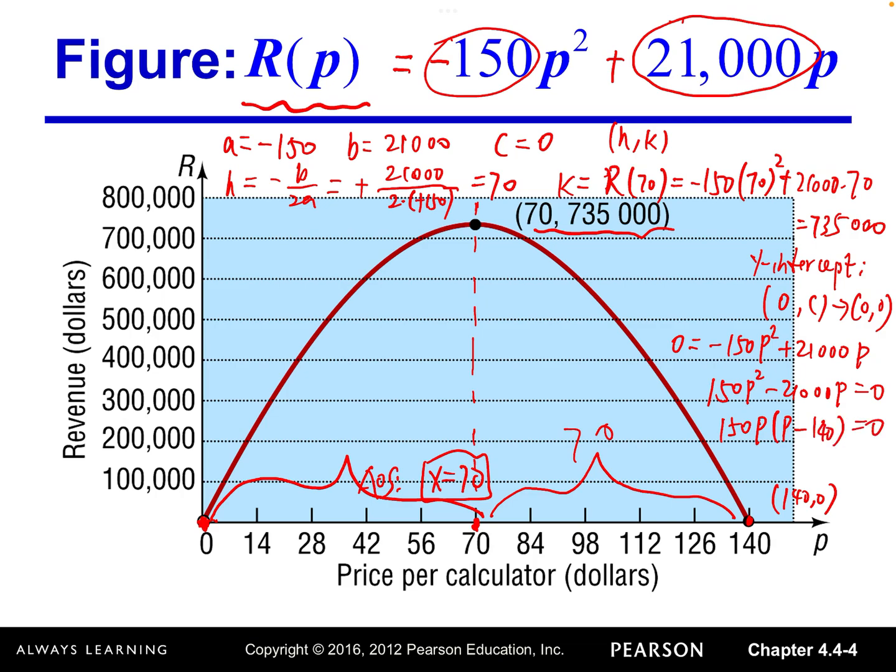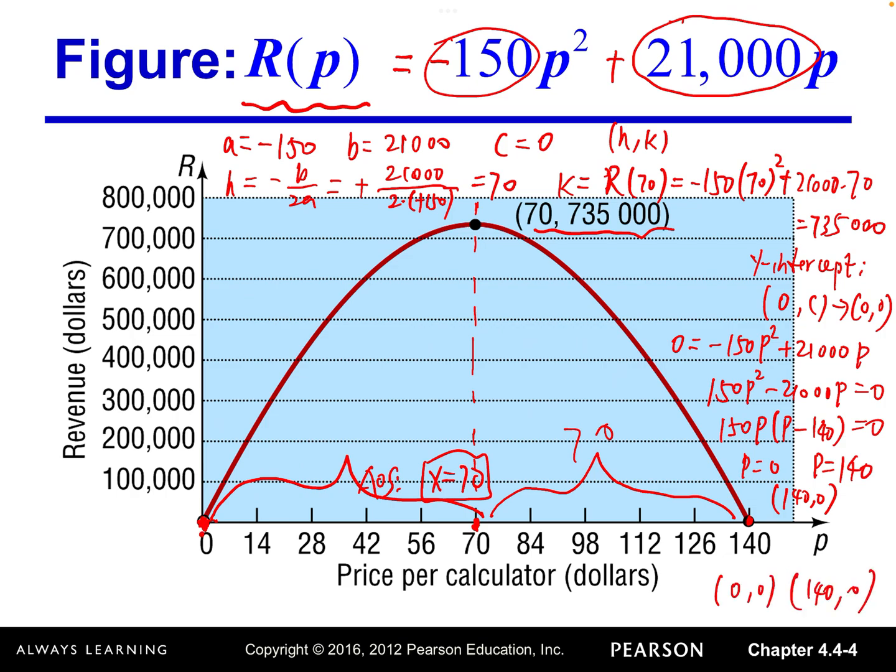So that tells us, by the zero factor property, either p equals 0 or p minus 140 equals 0. We can easily solve p equals 140. So the two x-intercepts are (0, 0) and (140, 0).